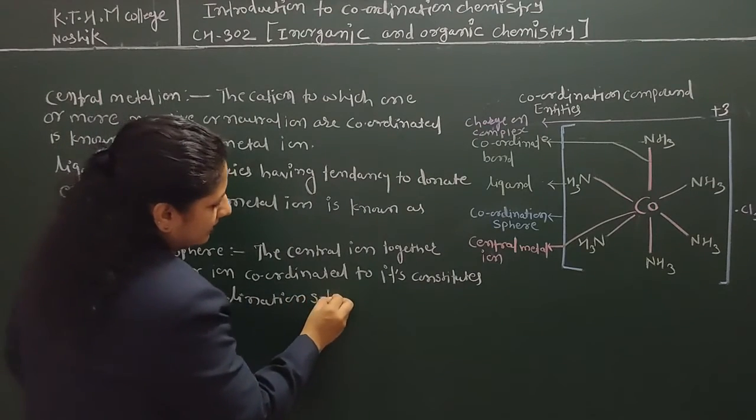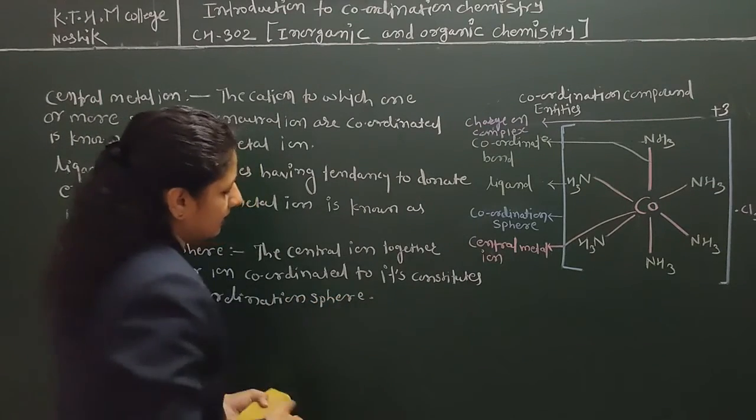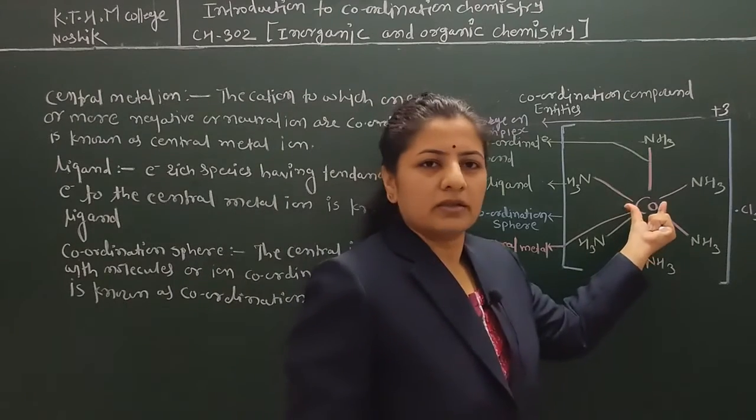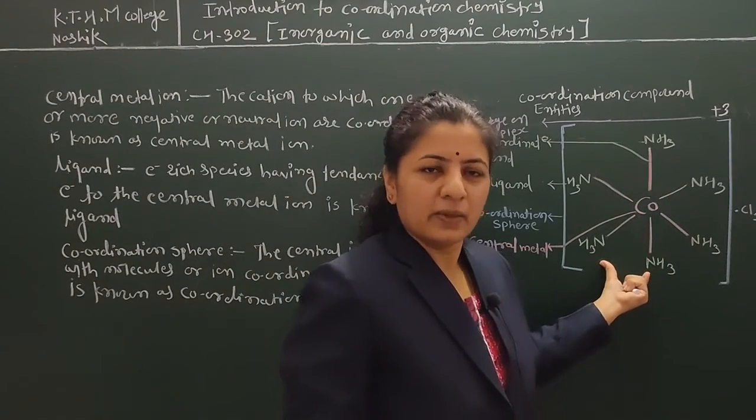So the coordination sphere is nothing but the square bracket indicated here. In that, the central metal atom along with its ligands are present.